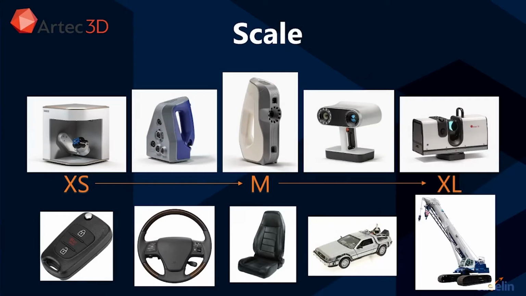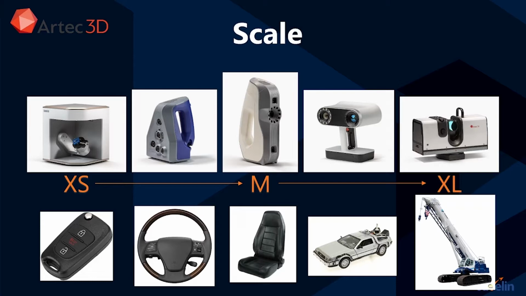Depending on the scale of the parts you typically intend on scanning, different scanning solutions are available with appropriate technologies and 3D resolutions. For very small parts requiring extremely high resolutions, the Artec Micro, shown on the left of your screen, is a desktop automated capture cell. It finds frequent use in the electronics and jewelry industries.